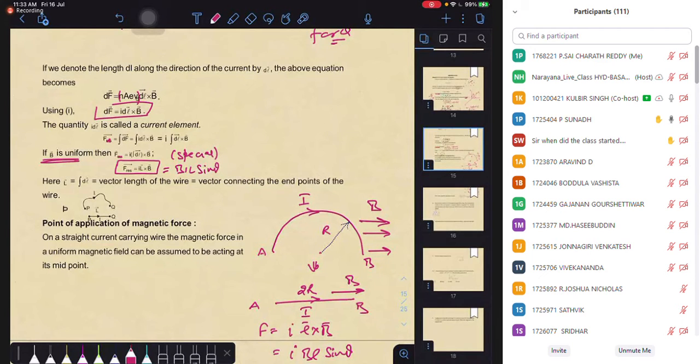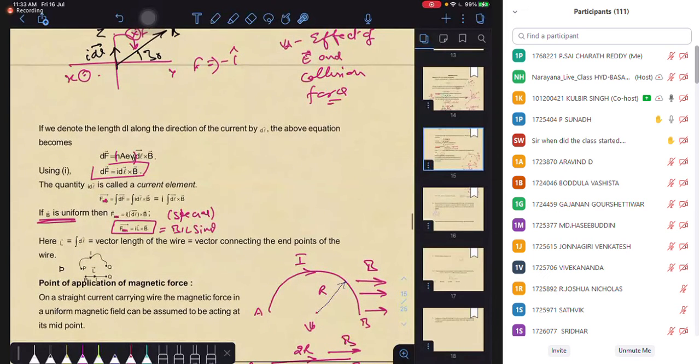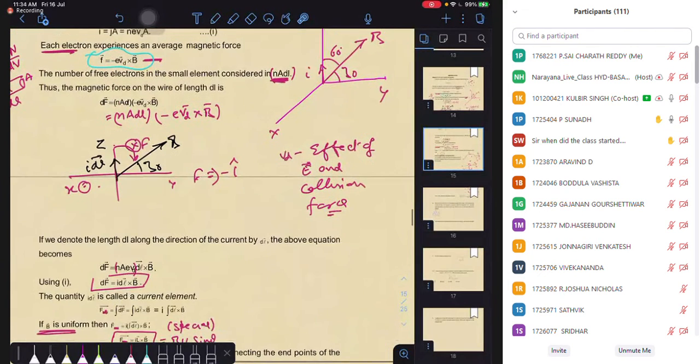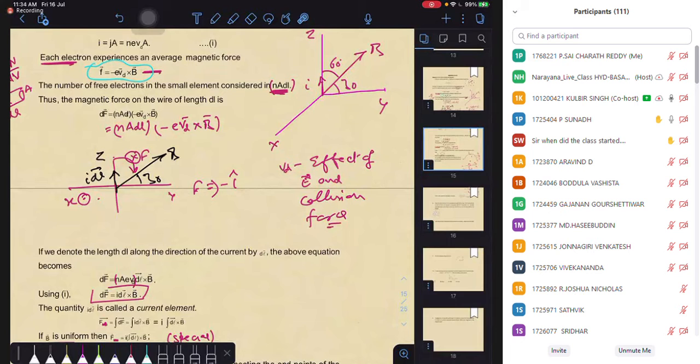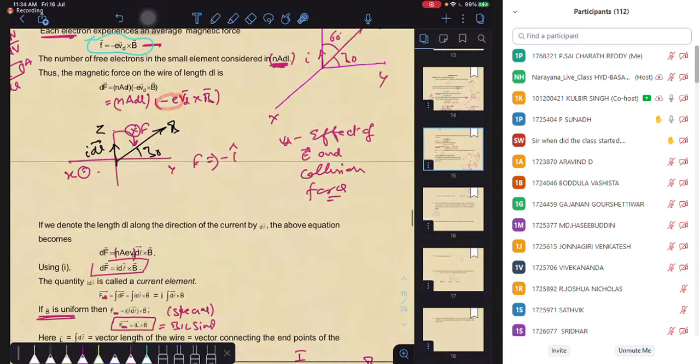Sir, we took the force on each particle as minus e v_d B. Yes, we have taken that here. Actually, the direction of current is opposite to the direction of motion of the negative charges.